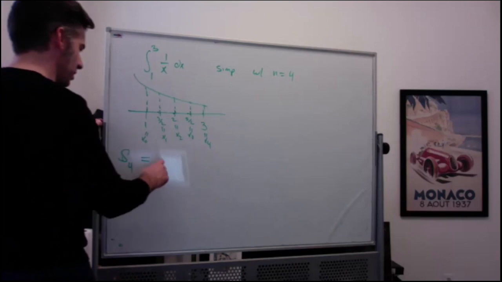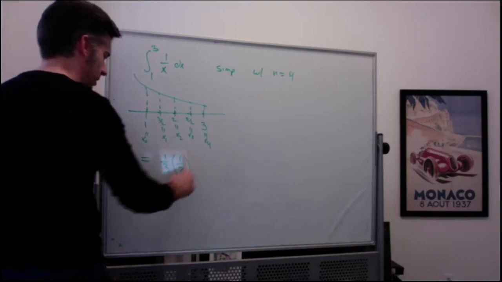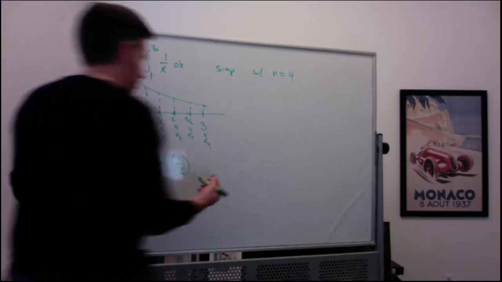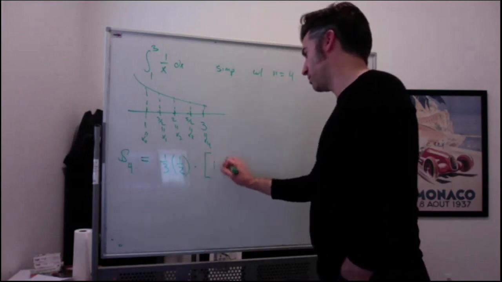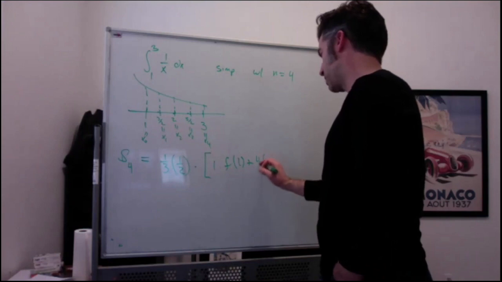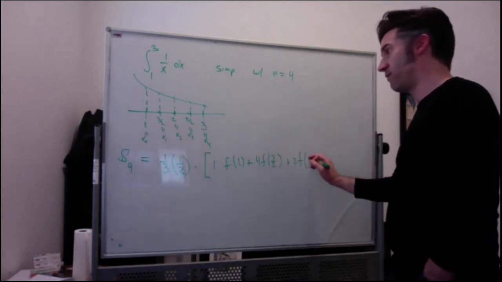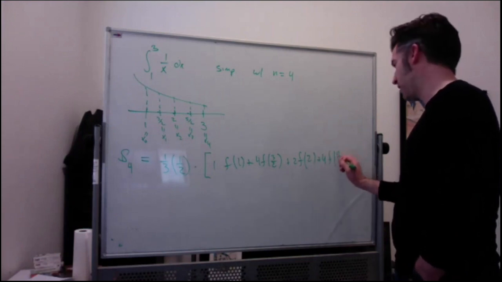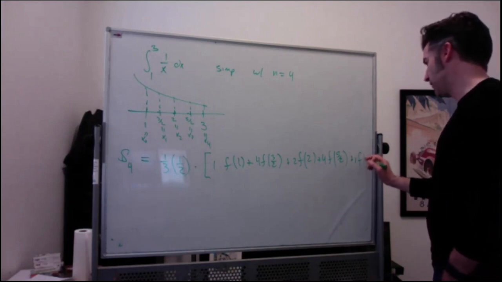So it's going to be 1/3 of my delta x, which is 1/2, delta x being just the subinterval length, times 1 times f of 1 plus 4 times f of 3 halves plus 2 times f of 2 plus 4 times f of 5 halves, and then at the last one, 1 times f of 3.